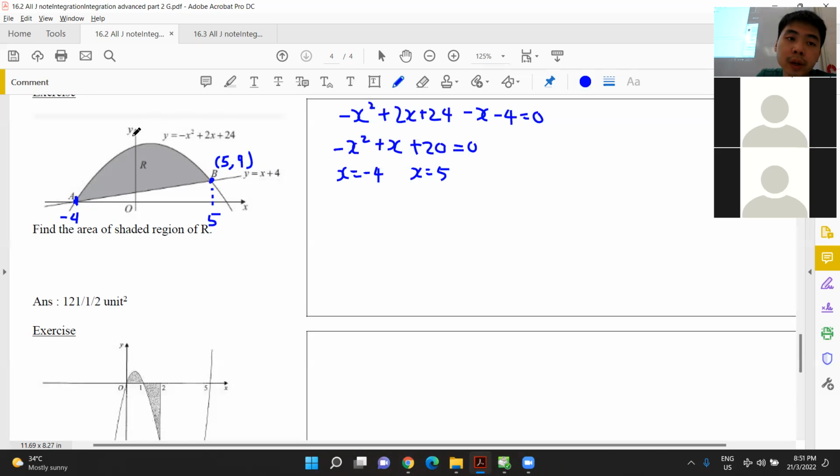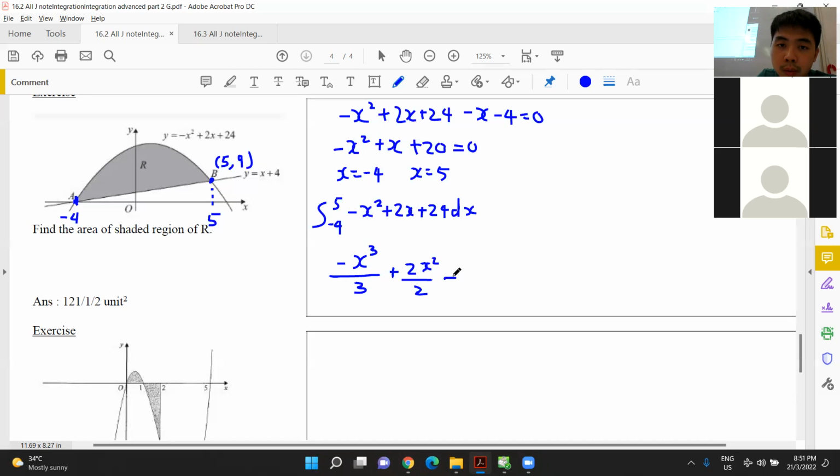Then now we are going to integrate this with limits of 5 and -4: negative x squared plus x plus 20 dx. So you will end up with negative x cubed over 3 plus x squared over 2 plus 20x, with limits of 5 and -4. The bigger number must always be on top, guys. The bigger number must always be on top.